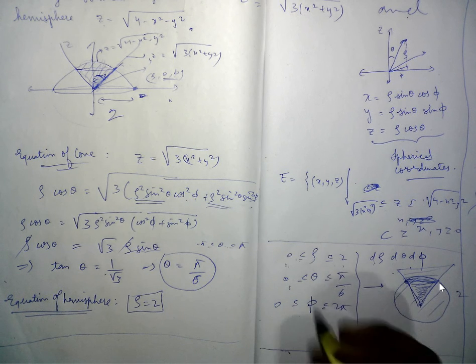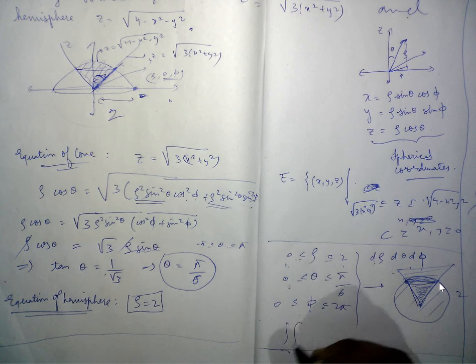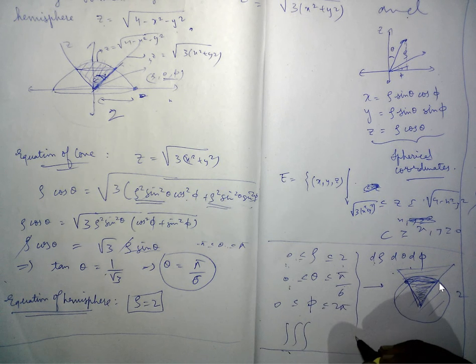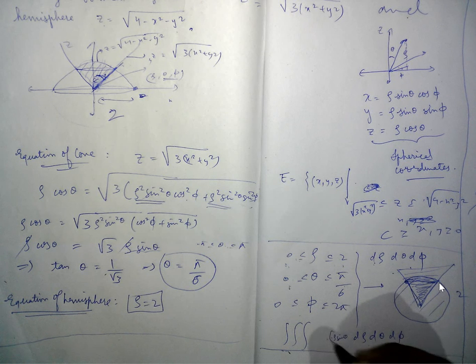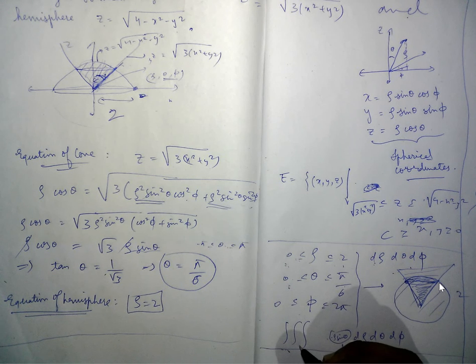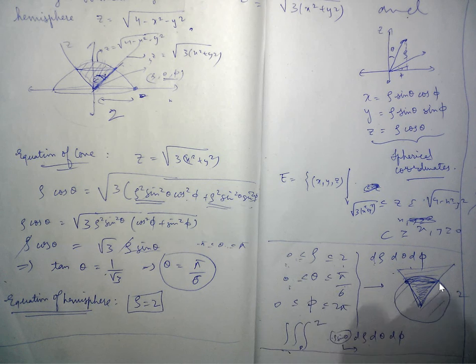So the bounds for the integration in terms of d rho, d theta and d phi, and I think we have rho square sin theta as the integration factor here. I don't remember this, but you can check it in the cheat sheet. The important thing in this question is the bounds: rho varies from 0 to 2, theta varies from 0 to pi by 6, and phi varies from 0 to 2 pi.